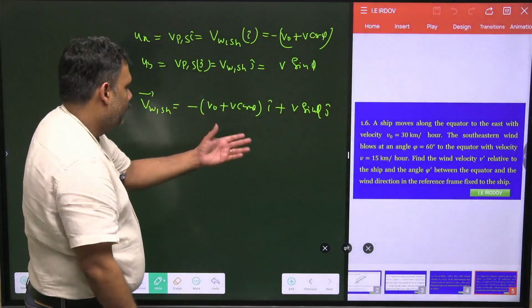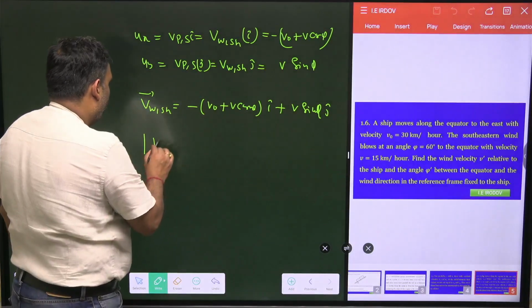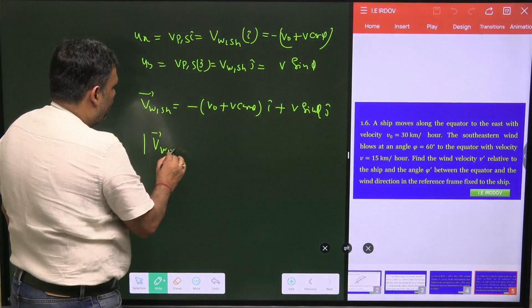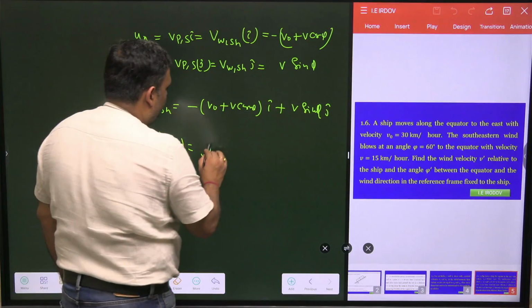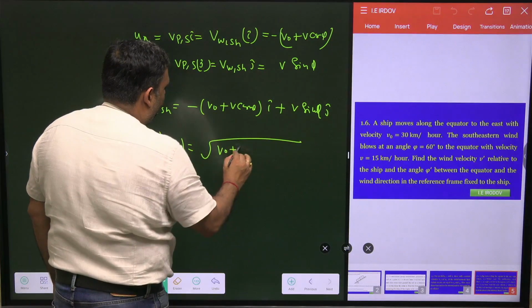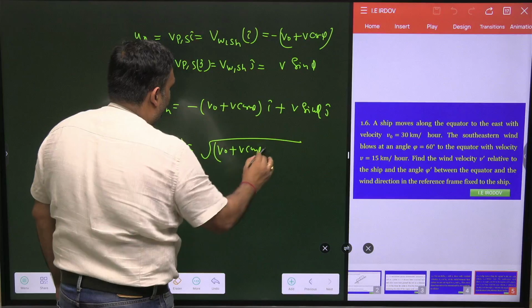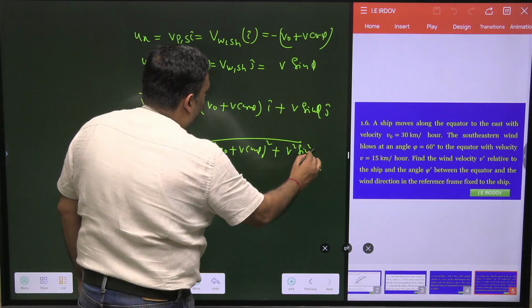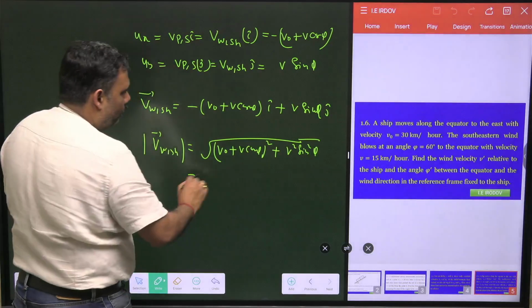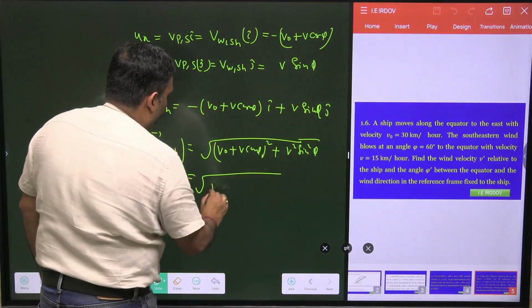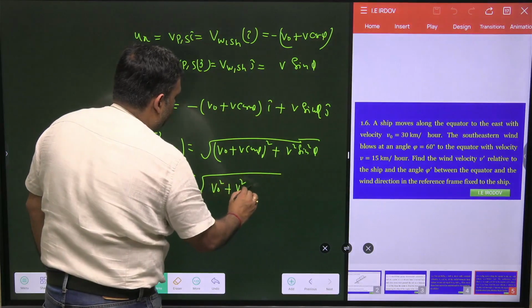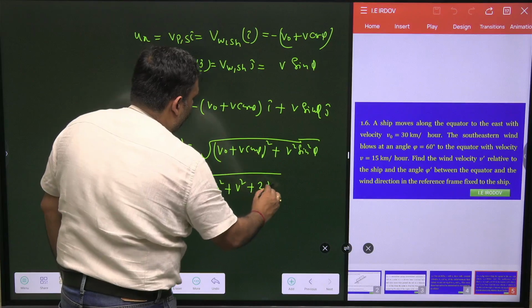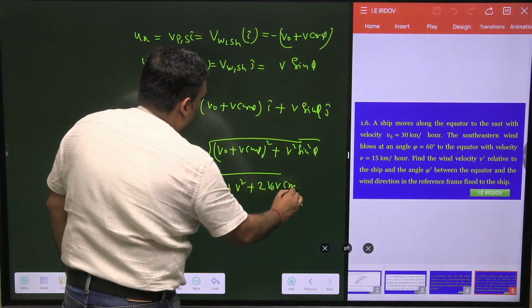So this is the condition, and if we want the speed, then we go for this: the magnitude is the square root of (V naught plus V cos phi) squared plus V squared sin squared phi. So what is this value? It is equal to V naught squared plus V squared plus 2 V naught V cos phi, under the square root.